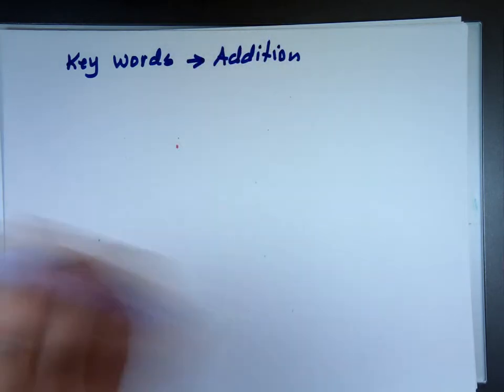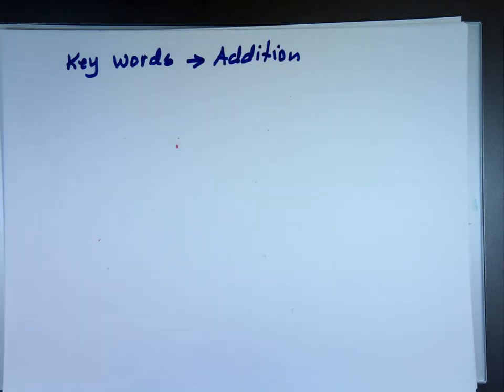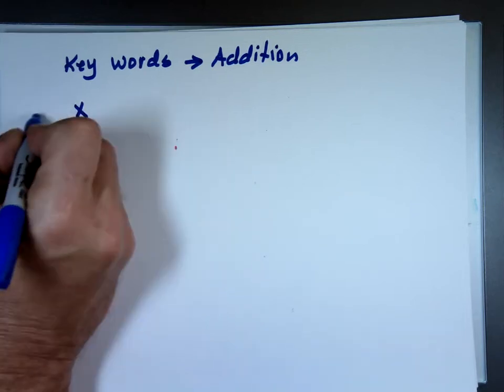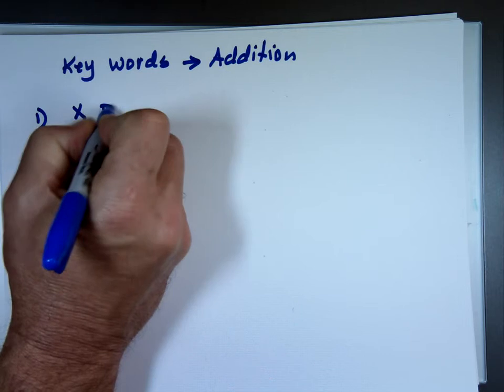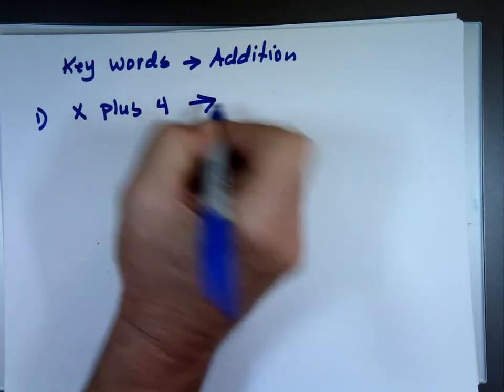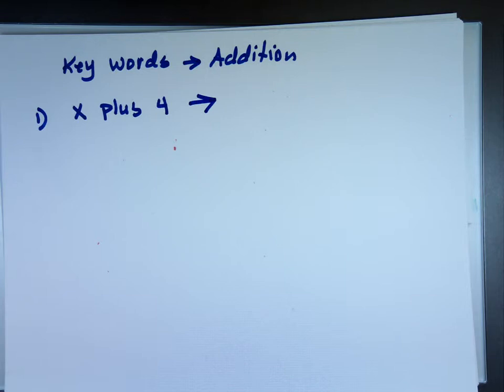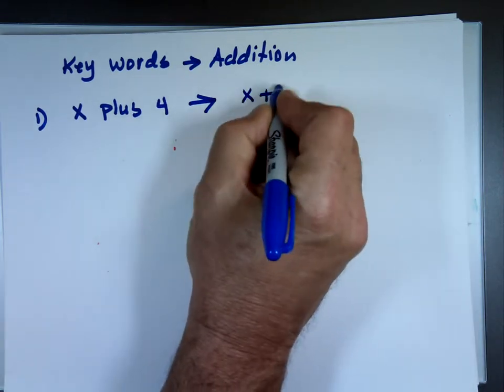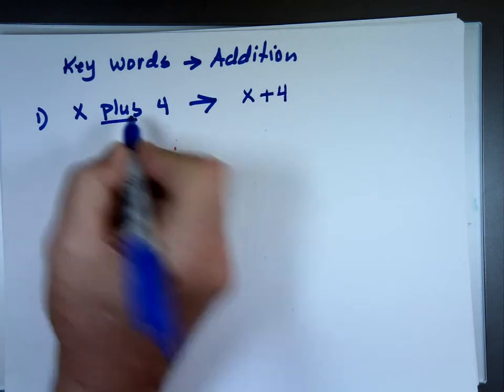So when you see these words, you know that's addition. If you see X plus 4, that's case number 1. What does that mean, X plus 4? Just the way it sounds. X, add to it 4. So the word plus means addition.